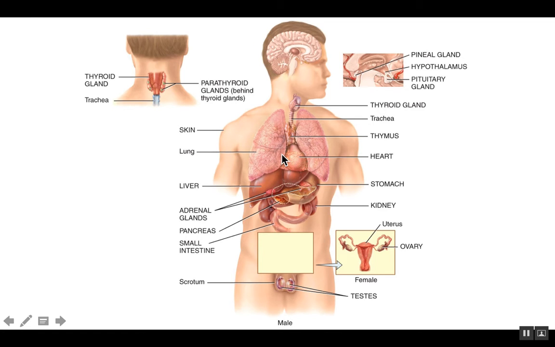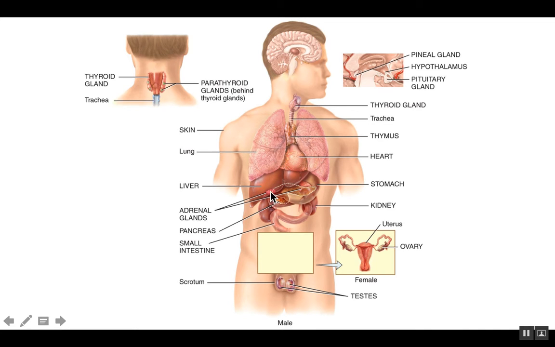Then we can move down into the abdomen, and shown posterior to the stomach is the pancreas. Pancreas is a very large gland. It contains a region known as the head, the body, and then the tail. So located here behind the stomach is the pancreas.